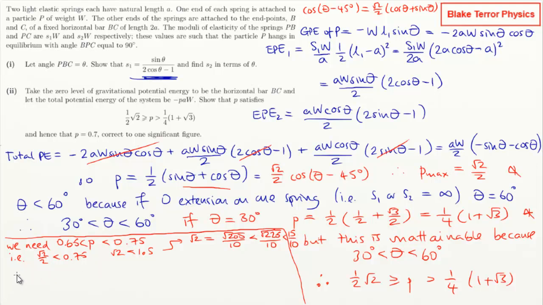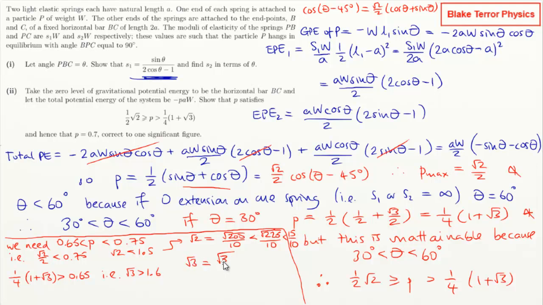And then we're going the other way on the other one. We need a quarter of (1 plus root 3) to be greater than 0.65. So 4 lots of that is 2.6, take off 1, 1.6. So we need that root 3 is greater than 1.6.